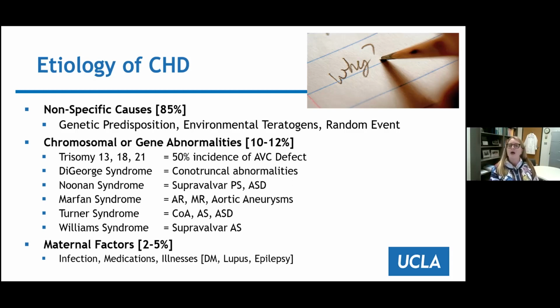So we automatically ultrasound them regardless of whether we hear a murmur or not. DiGeorge syndrome, Noonan syndrome, Marfan's, Turner's, Williams, there's a host of genetic conditions that the heart may be associated with.